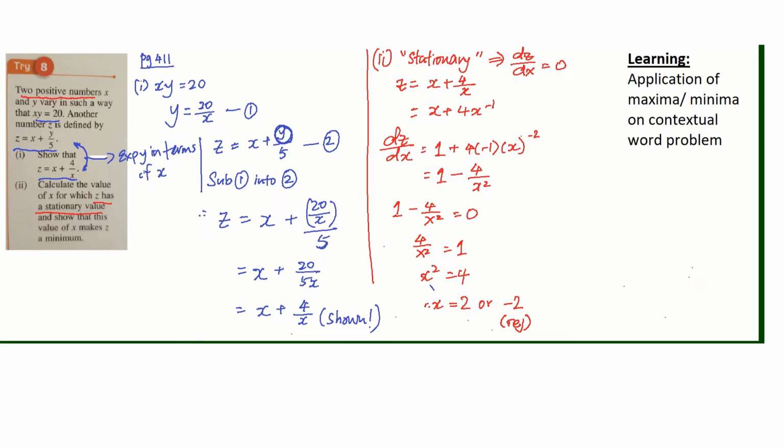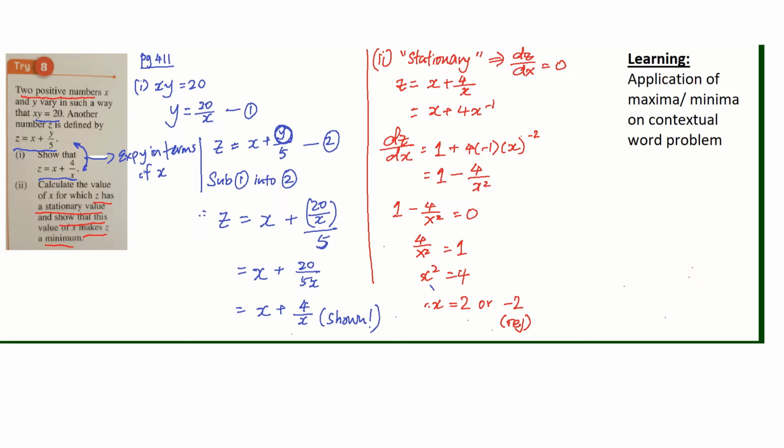At this juncture, I'd like to let everyone know that we have not completed part 2 yet, because there is a second part to part 2, and that says show that this value of x makes z a minimum. If you can recall from our previous lesson, when I have a value that is minimum, what does that mean? If we go by the first derivative test, the shape of the tangent will reveal to us that it is a minimum point.